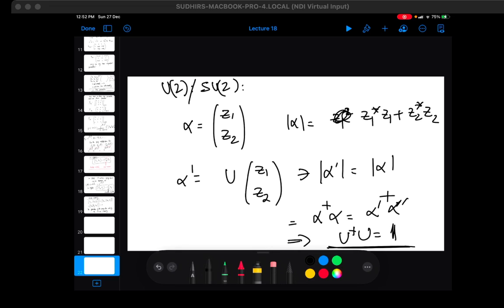So if I impose that the modulus is conserved under any transformation u, this is something we have seen in the definition of Wigner's theorem: this will always be a unitary transformation, because it conserves the length.